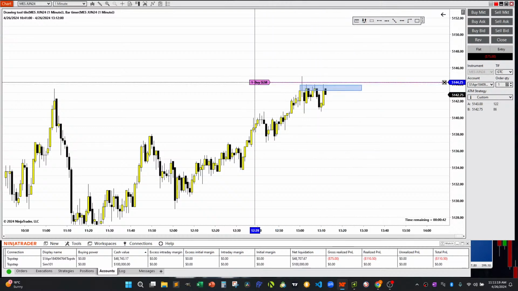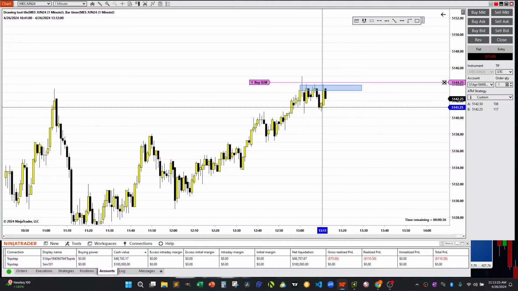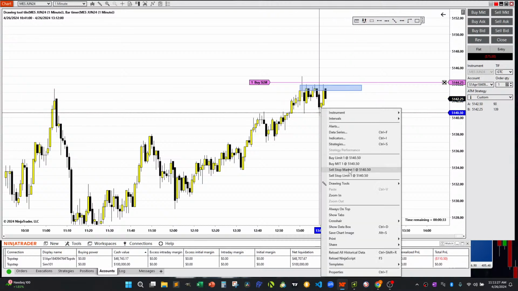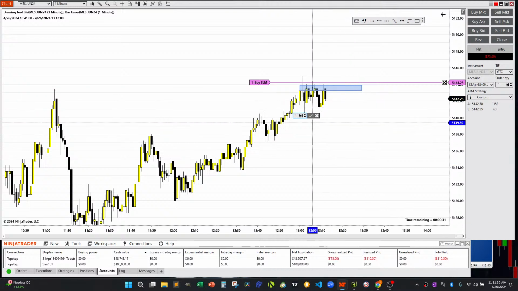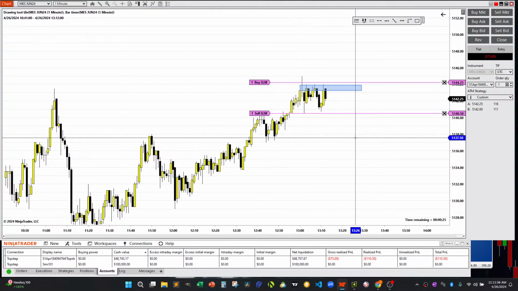Order submitted. Well, one tick above the highs. If it's going to break, it will more than likely go. And do the same below. Order submitted. One pip below the most recent low. Or one tick.